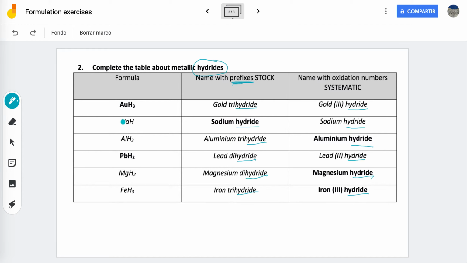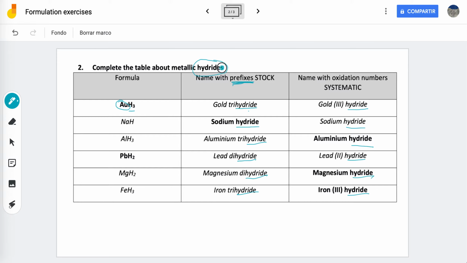Good. So since we have this formula, it's easy to get the stock name because we just need to say the name of the element, gold, and then 3 hydride, okay, hydride.